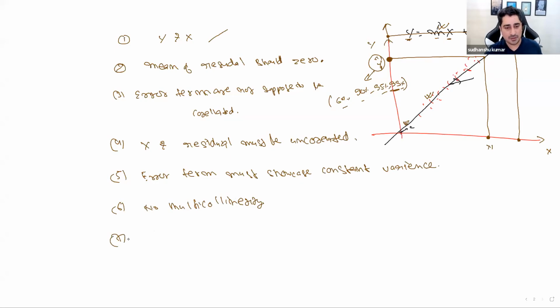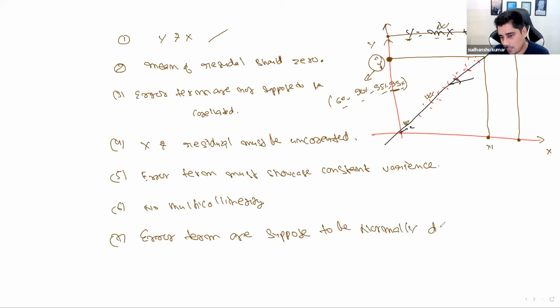The seventh term that you will find is that error terms are supposed to be normally distributed. So these are the assumptions we are supposed to keep.